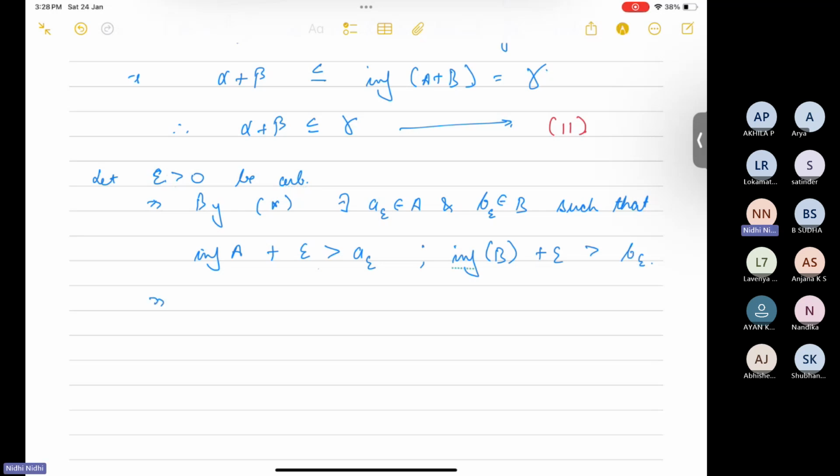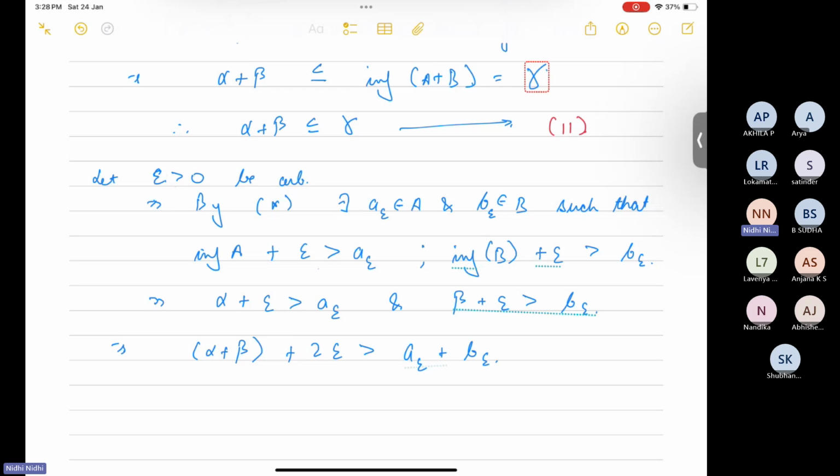Now, since we had infimum of A, alpha plus epsilon is greater than a epsilon, and beta plus epsilon is strictly greater than b epsilon. Let's just add these two inequalities. So from here we'll get alpha plus beta plus 2 epsilon will be greater than a epsilon plus b epsilon.